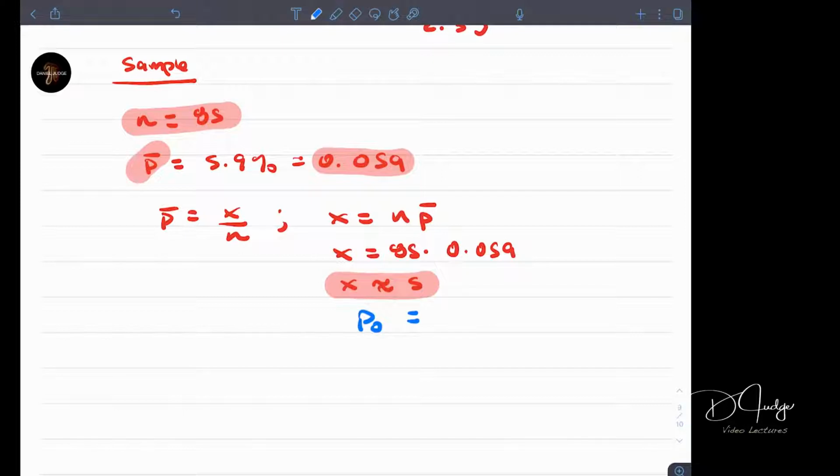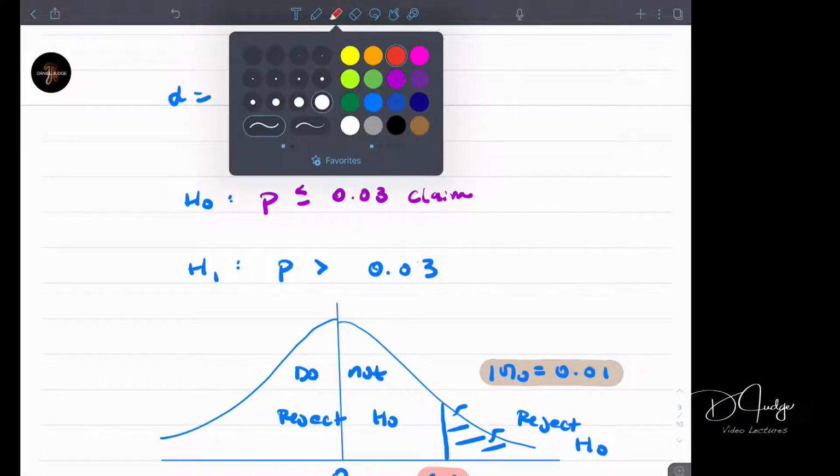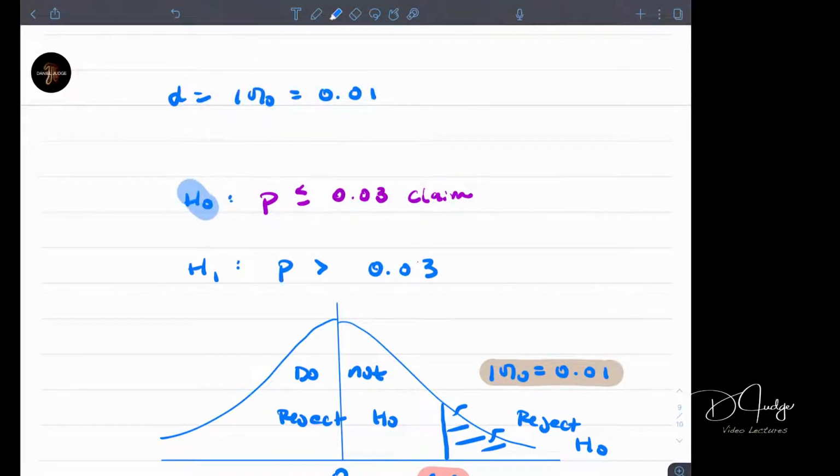It's p for proportion, for the null hypothesis, remember there's an H0. That's the reference. What's the p0 in H0? Here's H0, here's my null hypothesis. This is the p0 they're talking about.